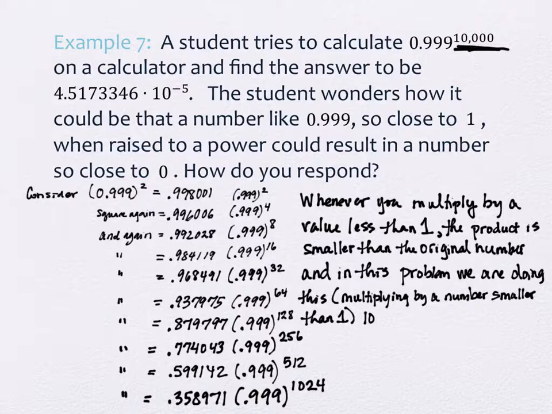I'm sorry, not 1, 10,000 times. This is the whole thing. 10,000 times, I'm going to multiply by a number smaller than 1. So 10,000 times, it's going to get smaller every single time. It's not going to do it with quite the rapidness, the way that I've drawn it, because I didn't multiply by the number 0.999 again. I doubled it and so forth so that it would happen more quickly. It's easier to visualize. But that's what's going on. When we multiply by values that are smaller than 1, they always get smaller.